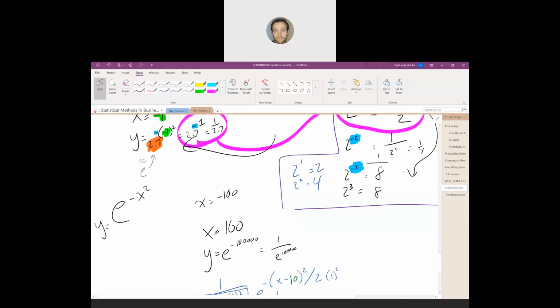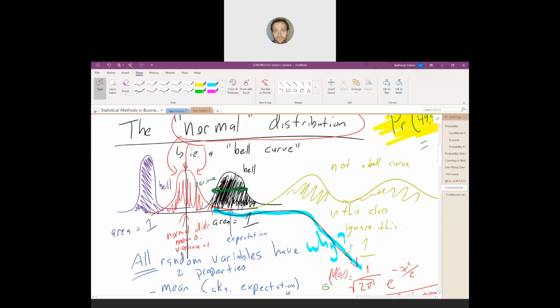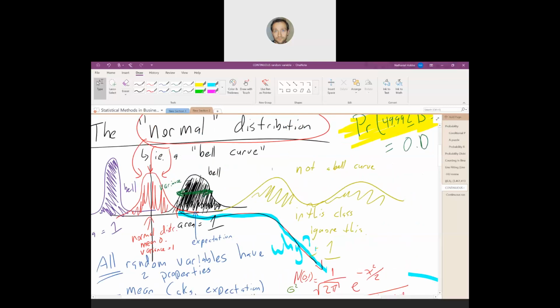One nice thing about it, again, is that you can really just talk about this one, this red one, and then you can shift and squeeze to make everything that one, analyze it, look at its properties, and then shift it back.